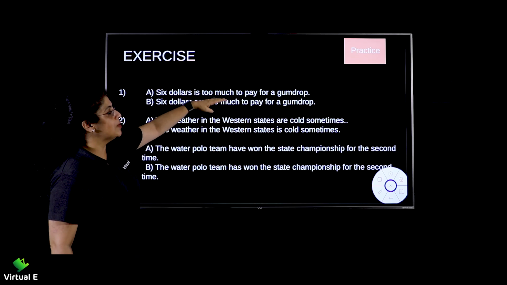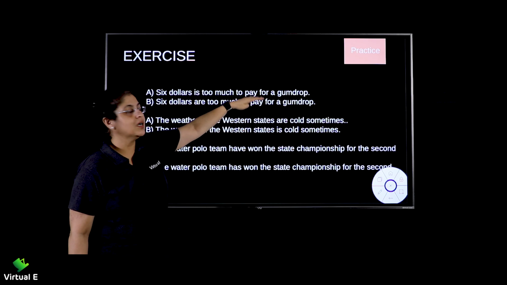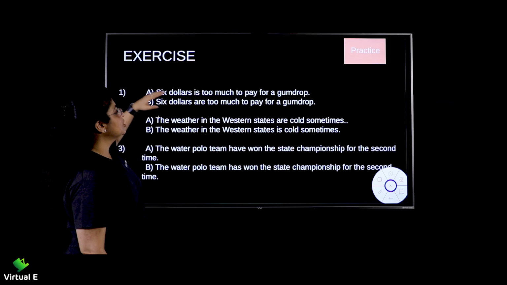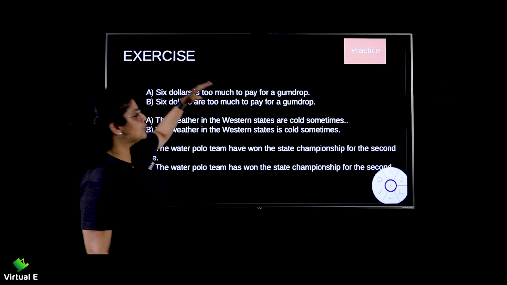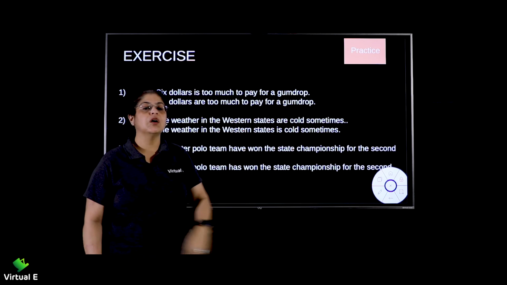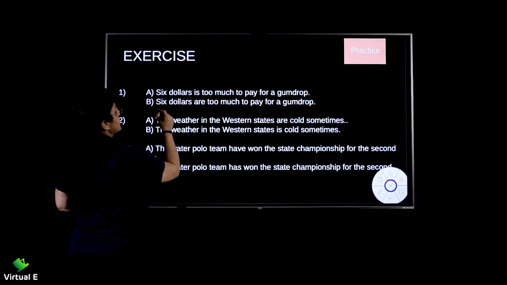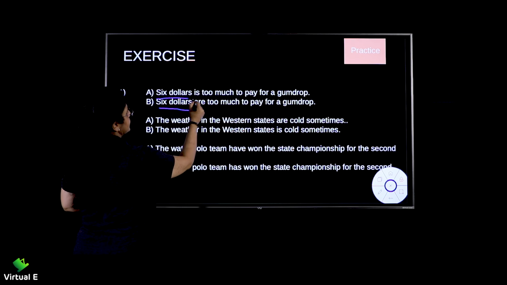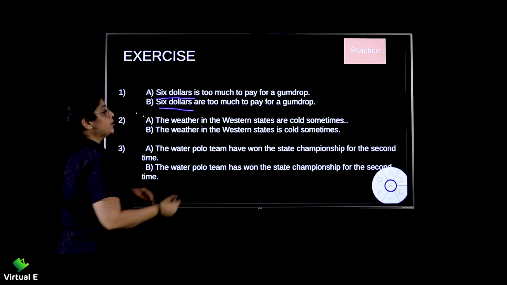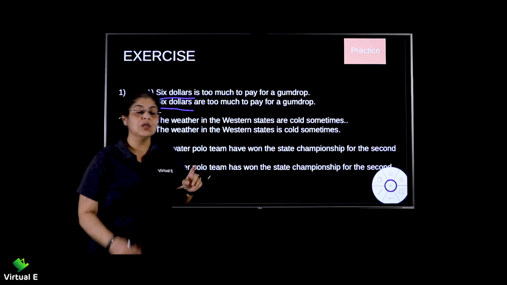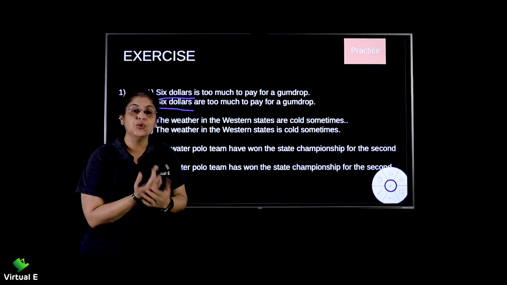$6 is too much to pay for a gumdrop. The next one, $6 are too much to pay for a gumdrop. Now, what is our subject? $6? Yes, right? Now, do we use is or do we use are? Here $6 is taken as one unit.